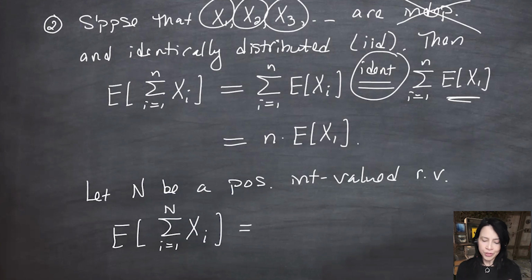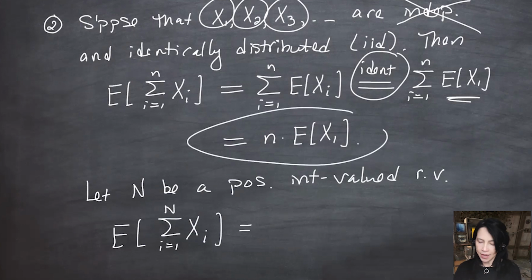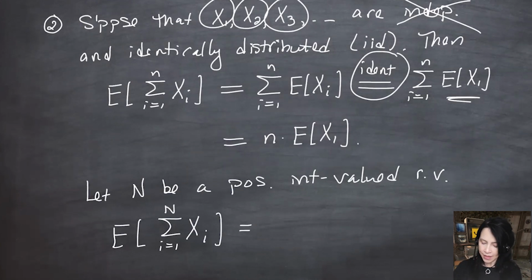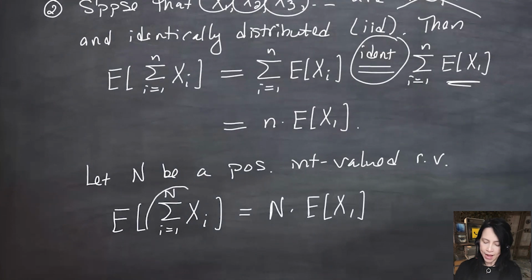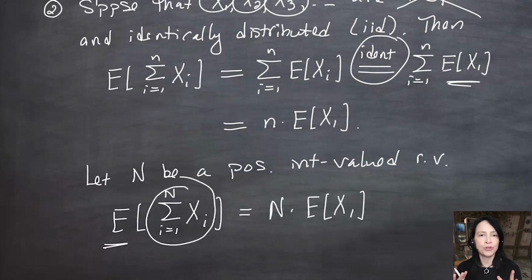And if we were to guess that this was going to look something like this, you might think the answer, and don't write this down because this is going to be wrong, but you might think that the answer is n times the expected value of x1. Now, this can't be right because we've got a random quantity in here made up of lots of little random bits. And when we take the expectation, we're averaging out the randomness. So the answer should be non-random or constant.